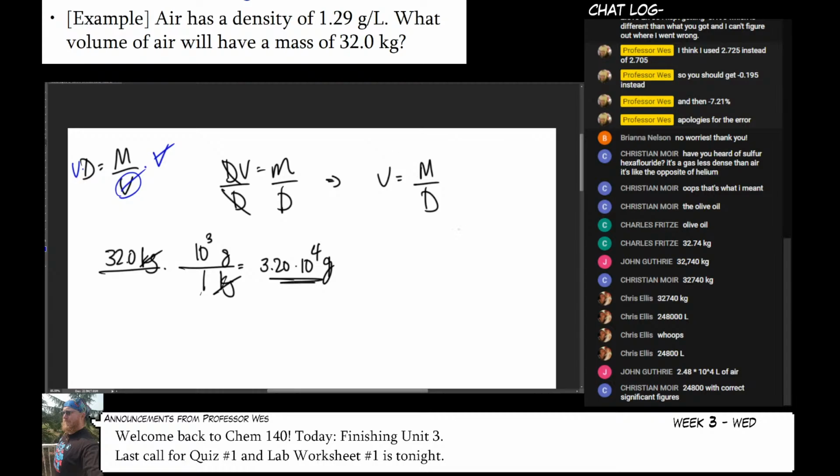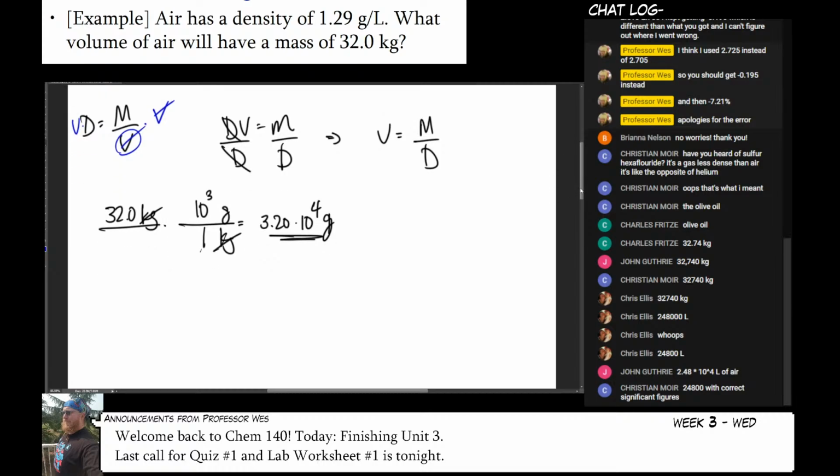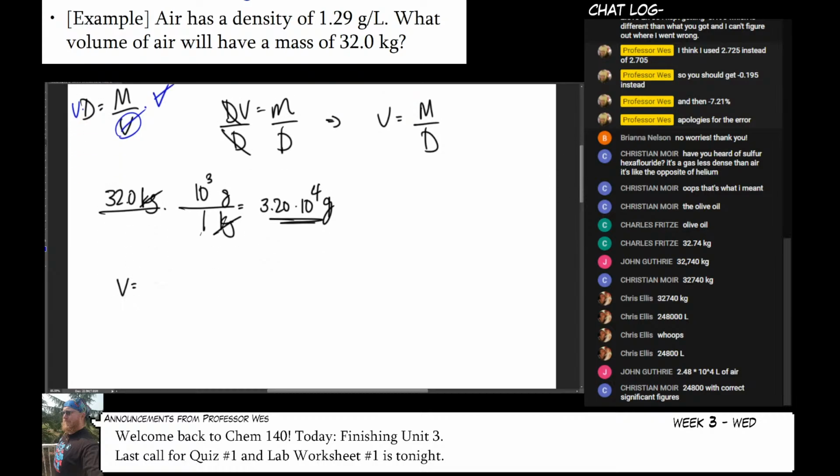And I know the density of the air, so now I can just plug everything into the formula, right? So V equals mass divided by density, which is 3.20 times 10 to the 4 grams, divided by the density, which is 1.29 grams per liter.